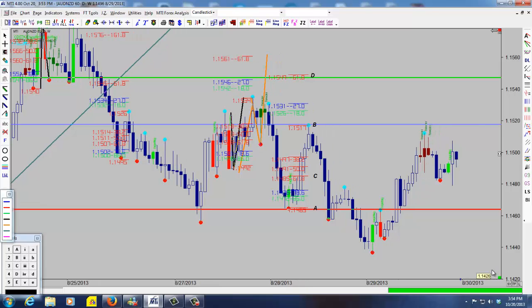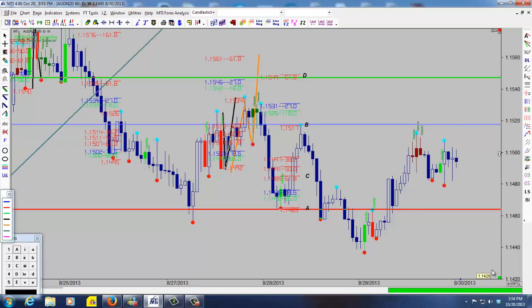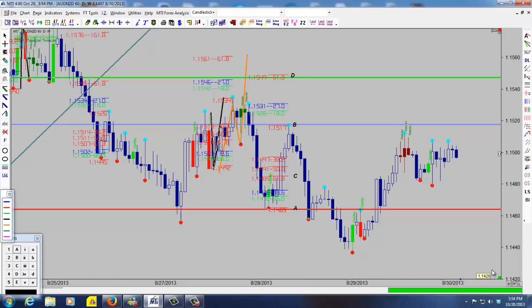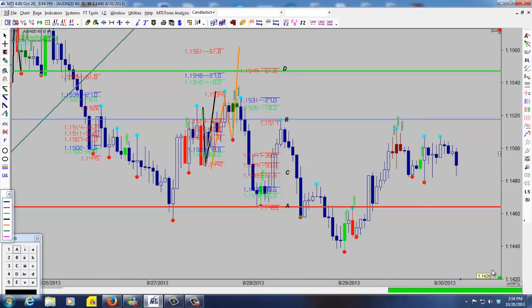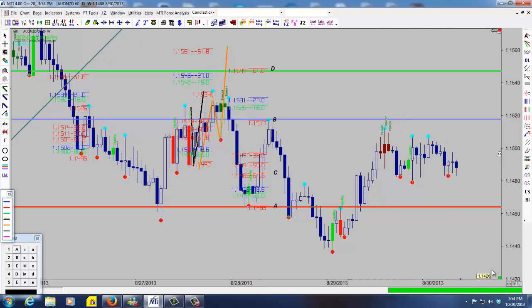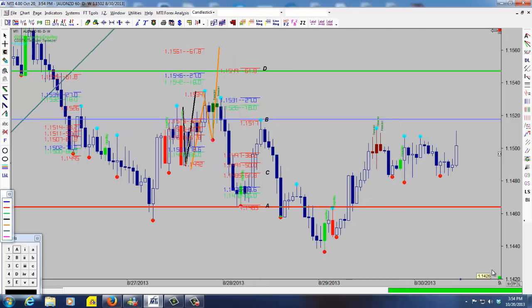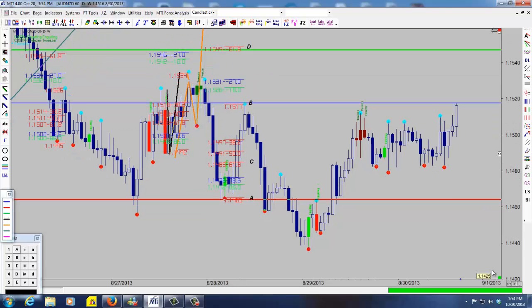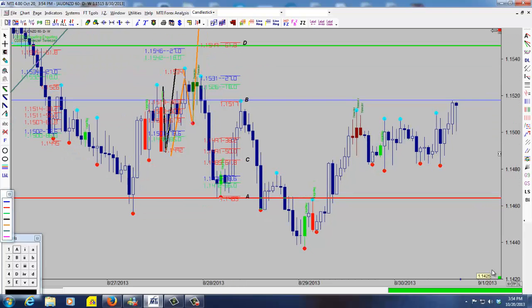I don't have a setup yet. We're not in another trade yet. We've gone quite a few candles and we don't have our setup yet. I don't have a higher high. Okay, there's a higher high right there.